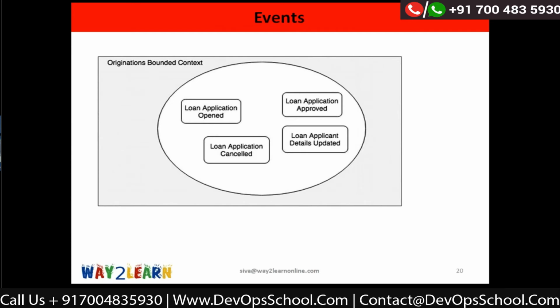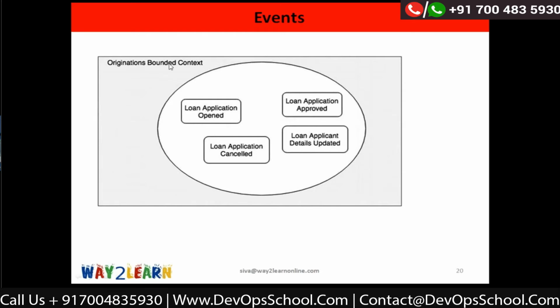Then you have to identify some events. Whenever the state of your aggregate is changed, you want to let the other bounded contexts know that something changed. So you have to raise an event. In your bounded context, you have to identify what all the events are.